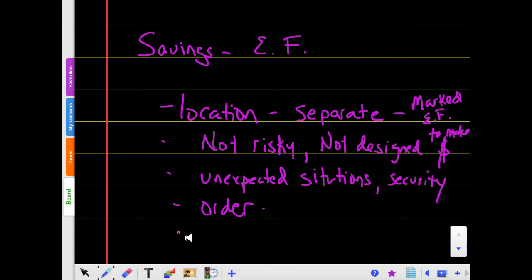Why should you have an emergency fund at your age? You should be able to come up with something related to that. The basic idea is because emergencies can happen at any age. We talked about a phone that your parents bought you, or maybe that you saved up to buy, and something happens to it. It breaks, you drop it, it goes in the toilet. We've heard that story.